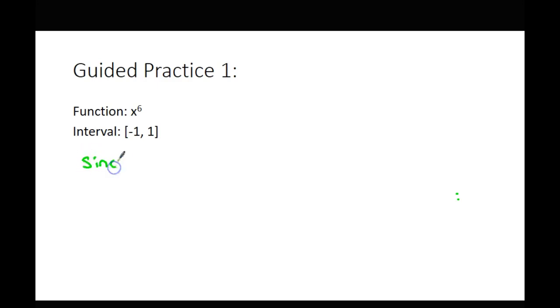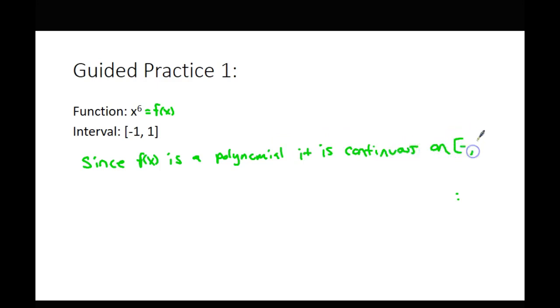So since I didn't call this f of x, I'm going to do that now. Since f of x is a polynomial, it is continuous on the interval -1 to 1.